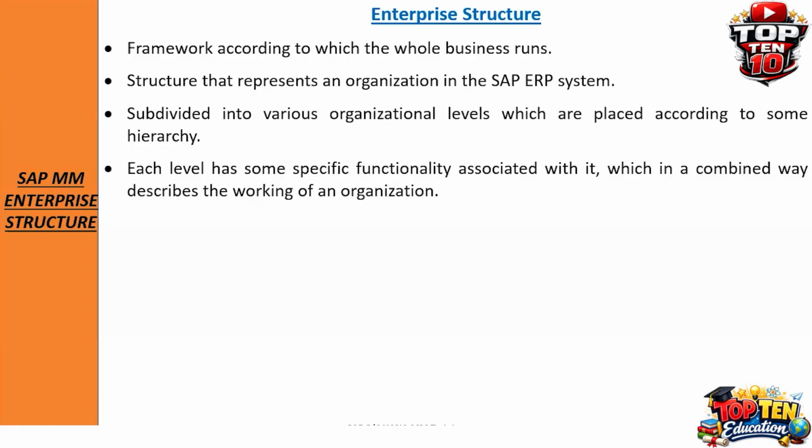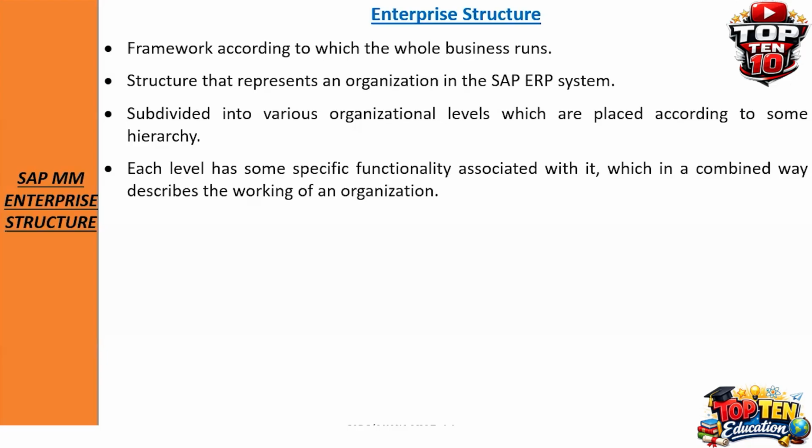Obviously, that is the structure which represents an organization and can place all those sub-organizational units as per the hierarchy. For example, one client can be a group of companies.